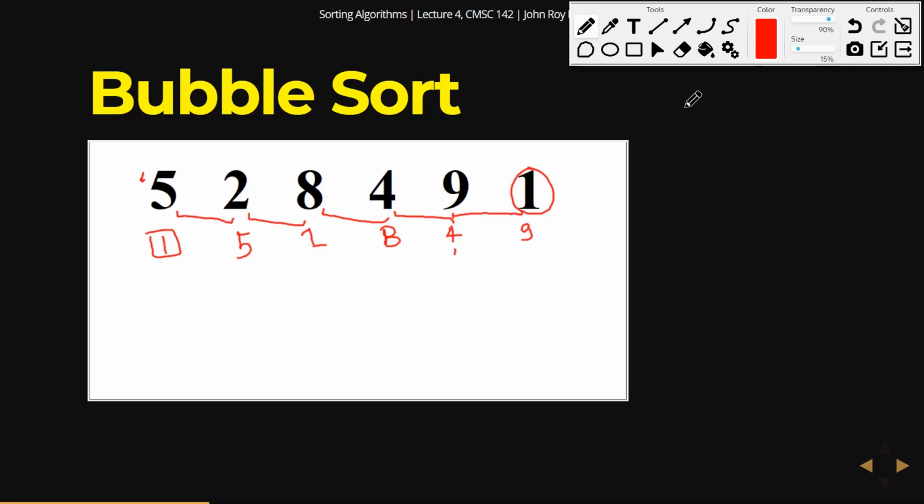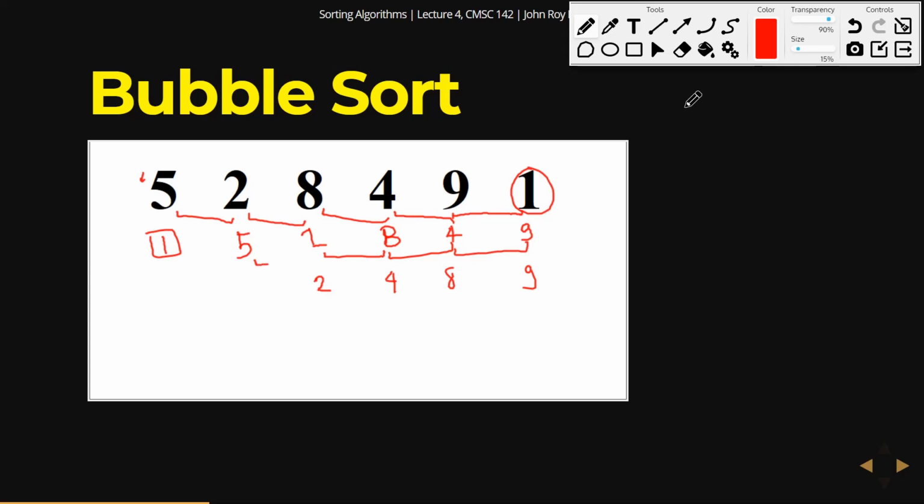So how about now? 4 and 9, are they out of order? No, they're actually in order because 4 comes before 9. So we'll leave that as is. 8 and 4. Okay, so 9 is still here. 8 and 4, they will be swapped because they're out of order. So that would be 4 and 8. Right? And then 2 and 4. They will not be swapped because 2 actually comes before 4. So that would be here.